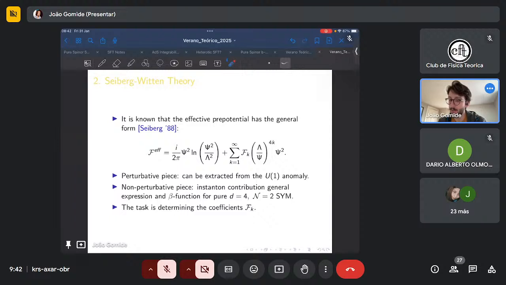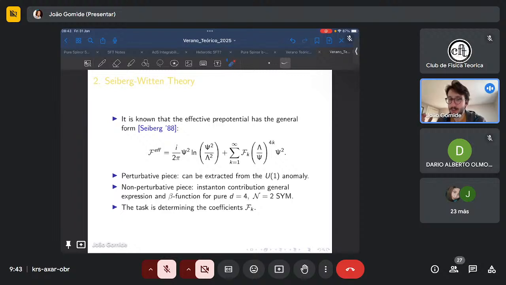We only have a one-loop perturbative contribution to the prepotential, which is this first term, and it can be extracted from the U(1) anomaly of the U(1) symmetry we have discussed in the beginning. I guess that Miser will talk about anomalies later today, so you'll get a better taste of what these anomalies are in the next talk.